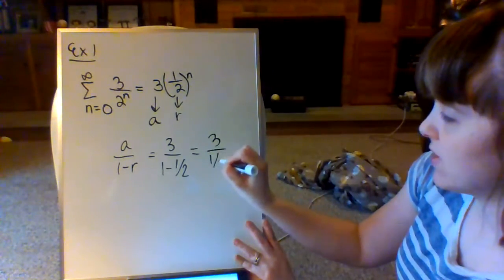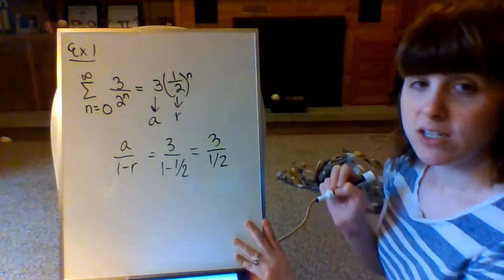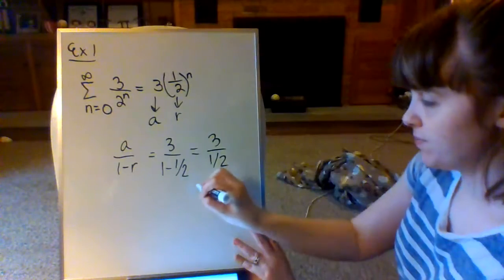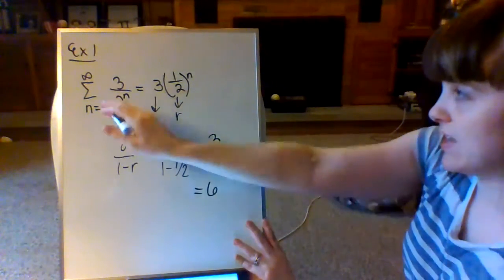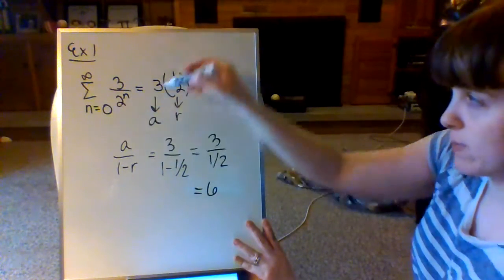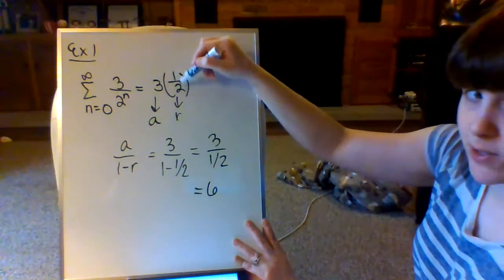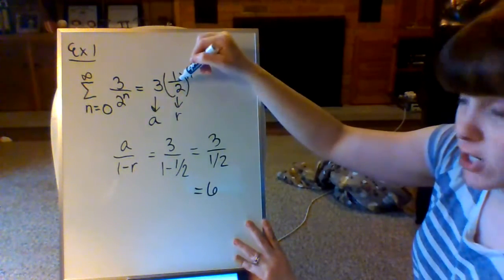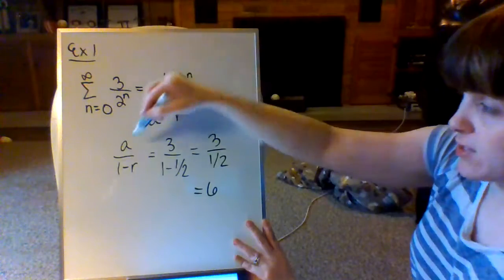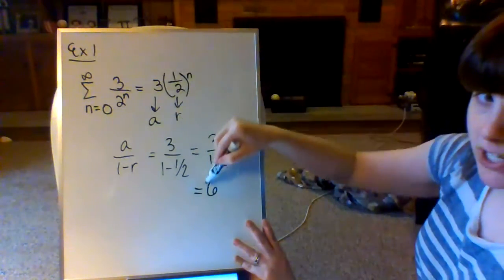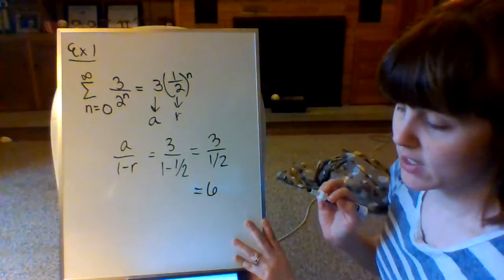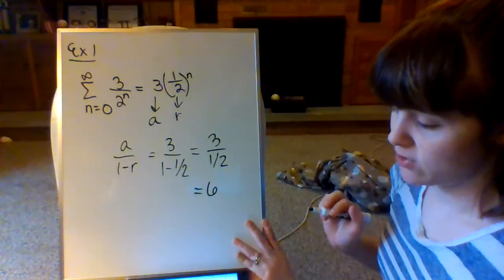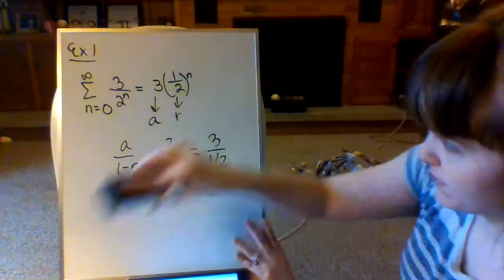So 3 divided by 1/2 is going to equal 6. So this series is convergent because the absolute value of the ratio is between 0 and 1, and then you do this formula to figure out what it converges to. Okay, so that is the first example.